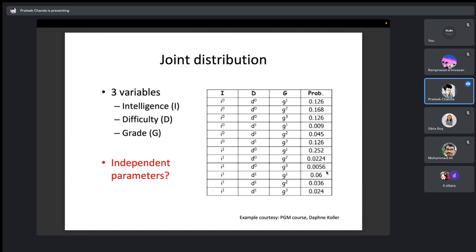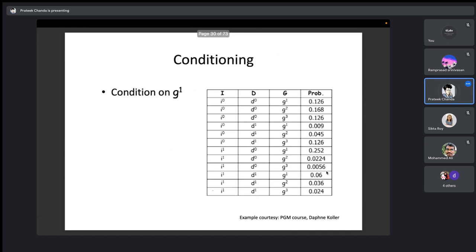And now, what are the independent parameters here? Independent parameters is basically: are my I, the intelligence, and the difficulty independent events, or are they dependent events? Those are the kind of questions we want to answer. And how do we do that? One way is you can condition on G1.